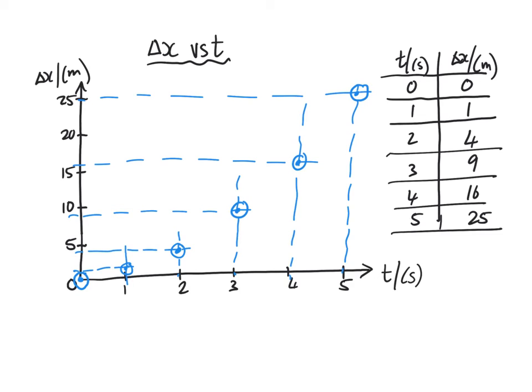So it's going to be better for us to rather fit this data with a curve that looks like this. And this curve is in actual fact a parabola, which we'll learn more about in the next lesson.